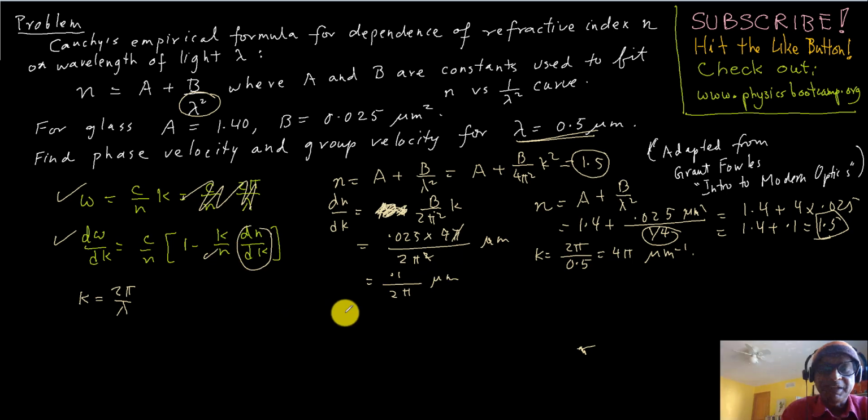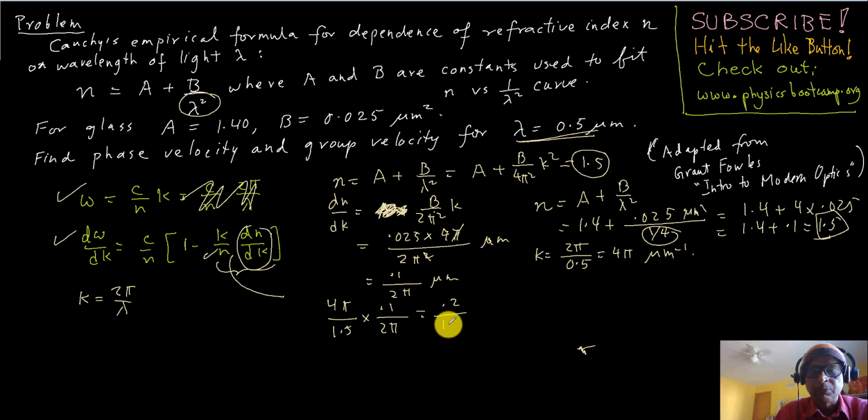So we have k over n. k is 4 pi, n is 1.5, times 0.1 over 2 pi, so 0.2 over 1.5. So this whole thing will be 1 minus 0.2 over 1.5, which is 1.3 over 1.5.